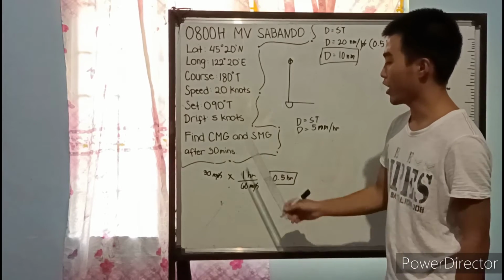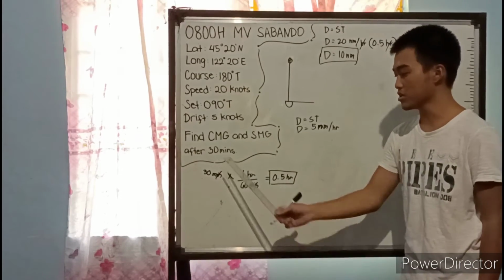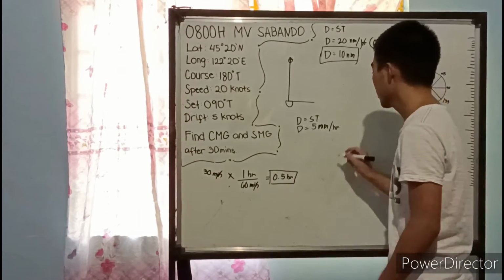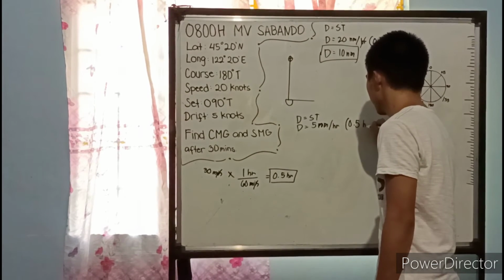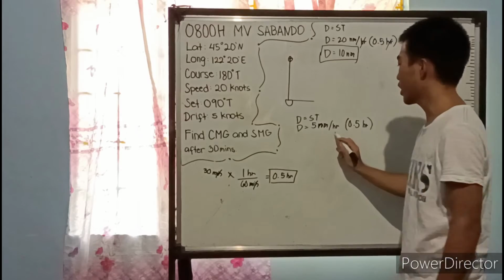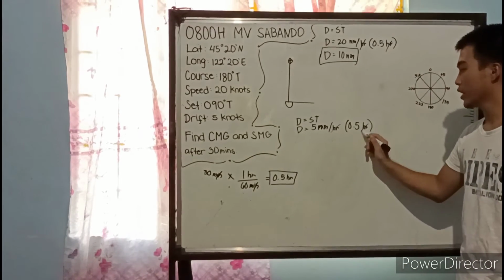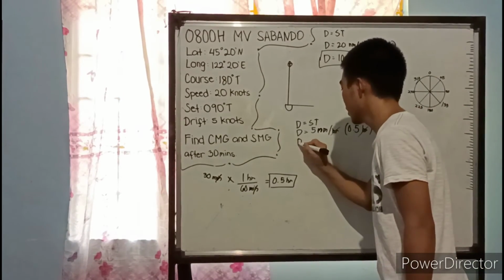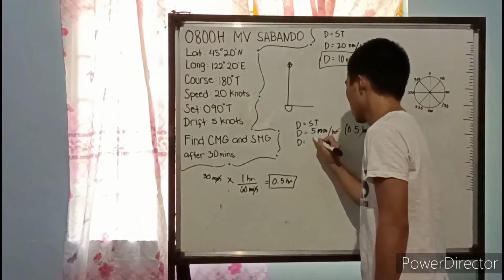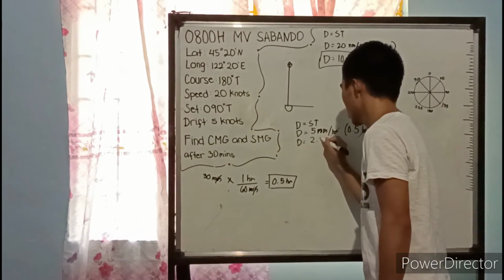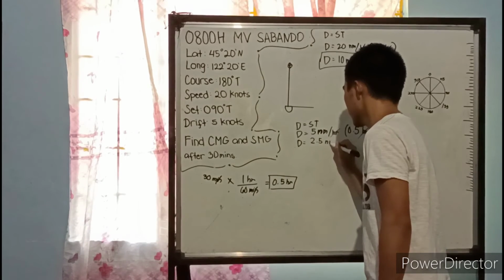Multiply by our time, still 30 minutes or 0.5 hours. So cancel both hours, and we will have a value of 5 times 0.5, which is 2.5 nautical miles.